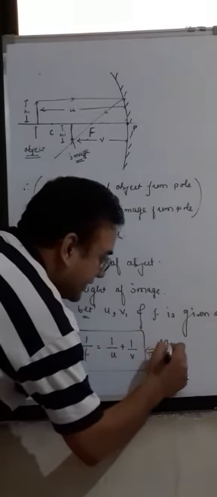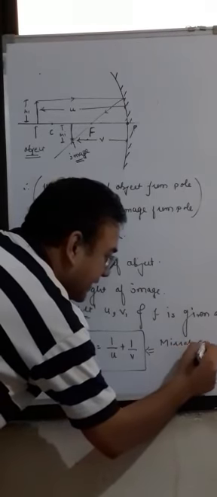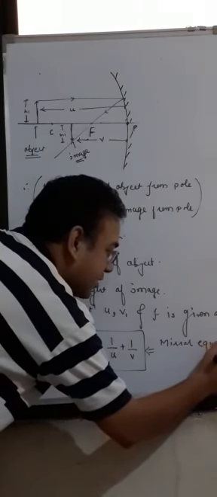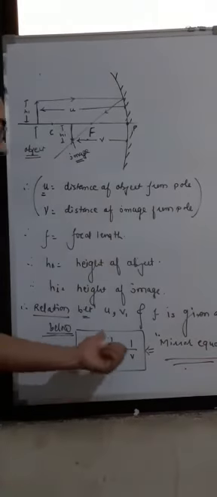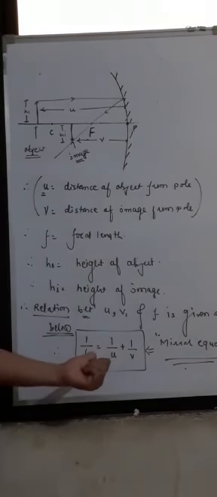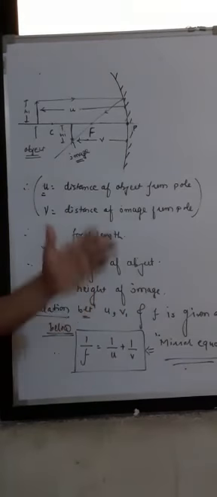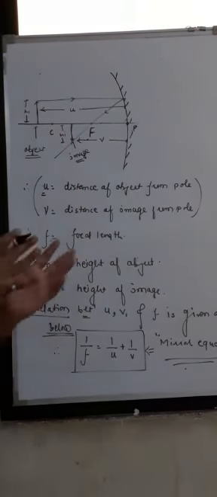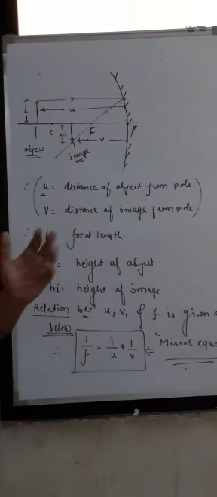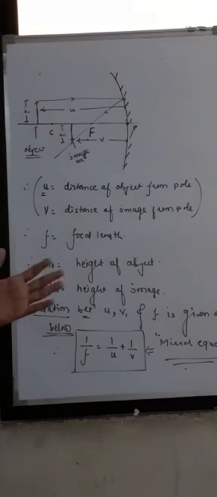This is called the mirror equation. It is a very useful equation to solve numericals. So this all part is given in a mirror. Got it? Fine.